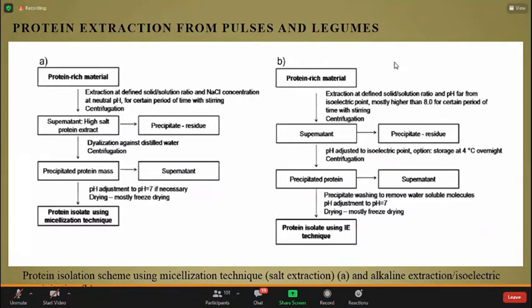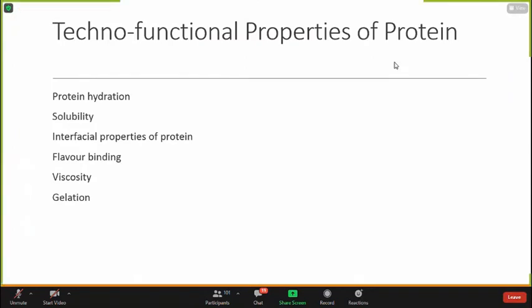So in terms of techno-functional properties of protein, it is very important to understand the behavior of the protein before we can apply it into other food systems. So these are from the chemistry point of view. This is very important. For example, ability to absorb water, or we call it protein hydration.